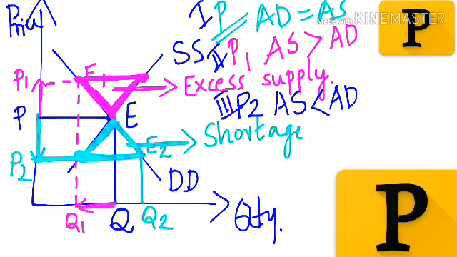And in case of P2, what would happen? The price has come down, so the quantity demanded is more. So we see that at P2, aggregate supply is less than the aggregate demand. That means there is excess demand in the market. So what the producers will do? They will increase the prices.